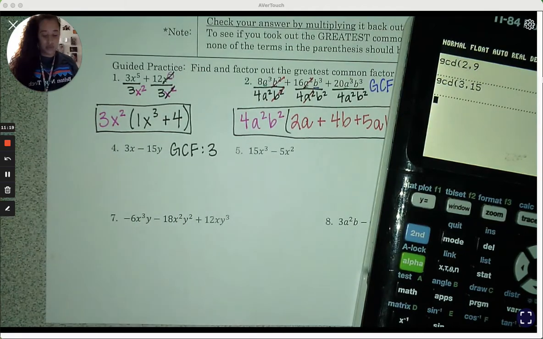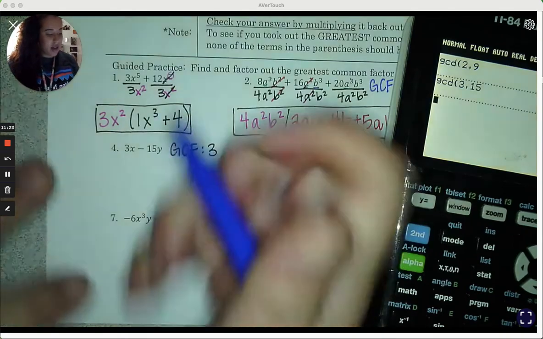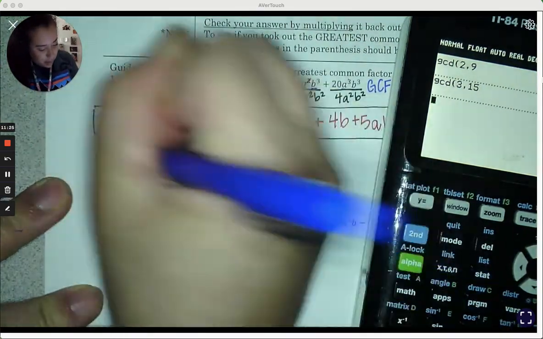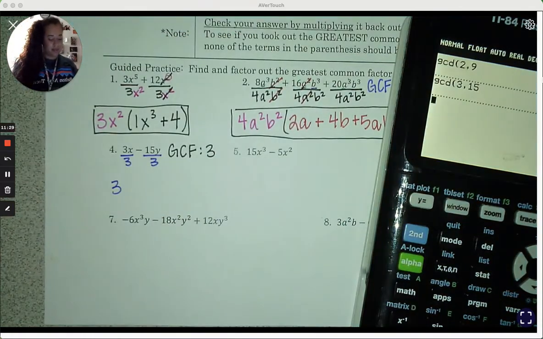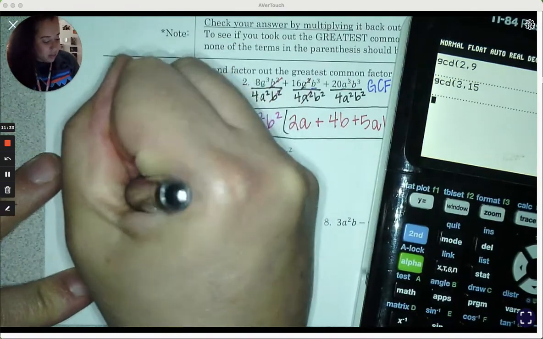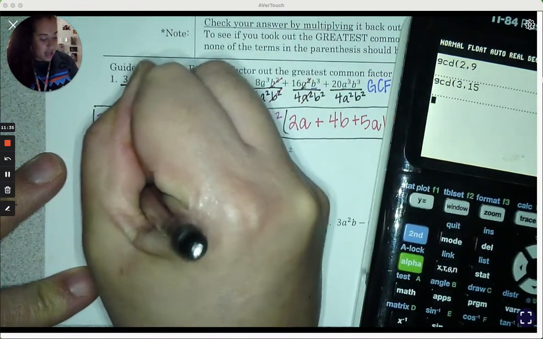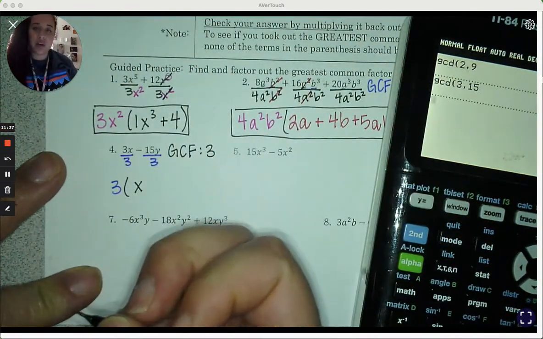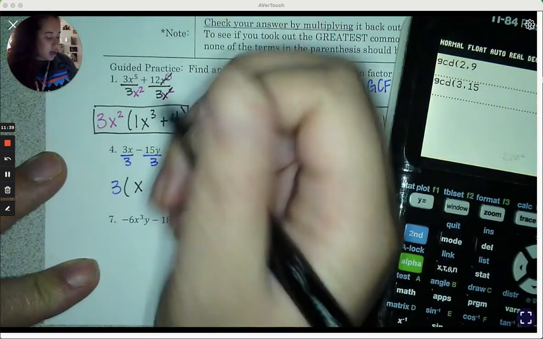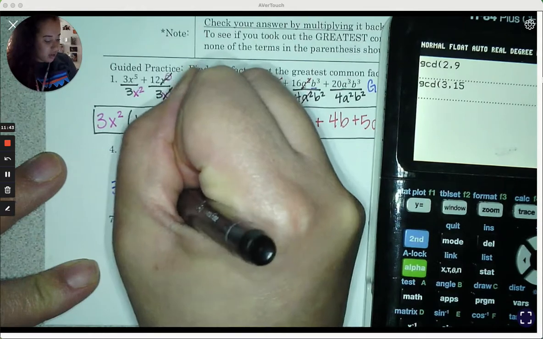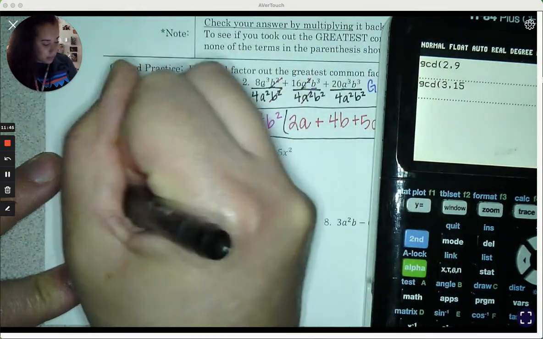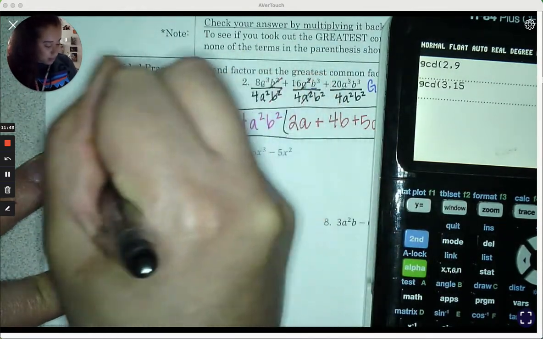No. So because there's no variable in common, my greatest common factor is simply 3. So I'm going to divide everything by 3. Okay? So 3 divided by 3 is 1, so we just have an x here. You can put the 1 if you need to, but you don't have to. Minus 15 divided by 3 is 5y. There you go.